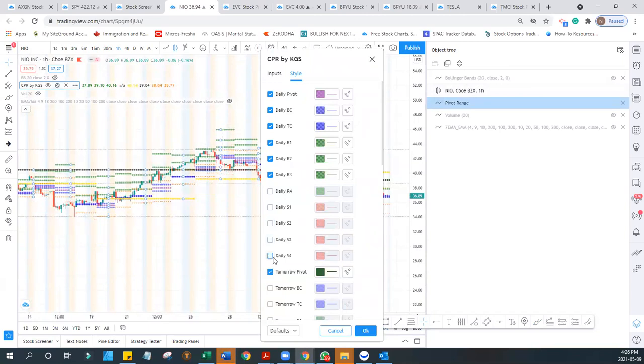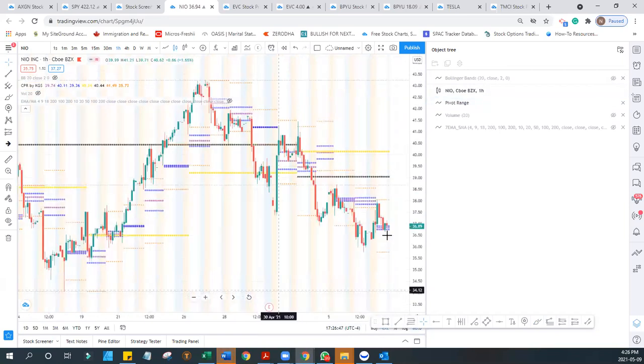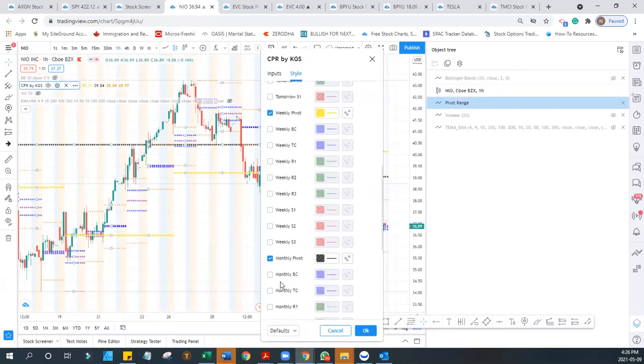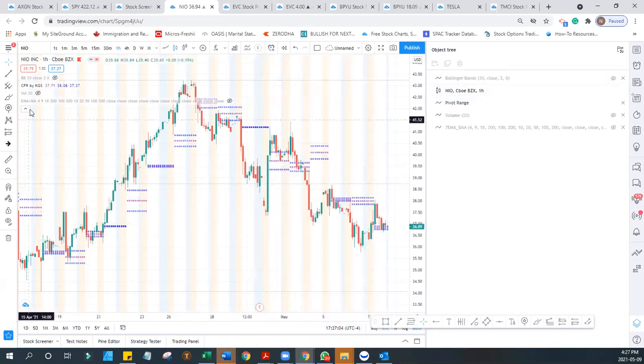I didn't share these things in the other class, but this is how you can also use the CPR. Now there is no pivot point. Let me take out the daily high and the daily low as well, and the weekly as well. The monthly I don't need for you guys.